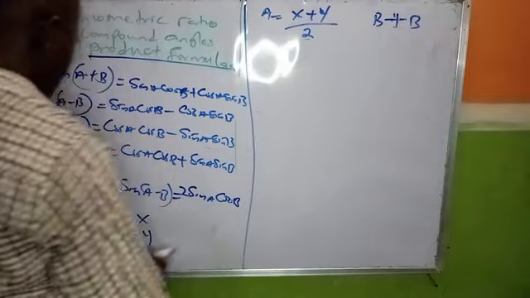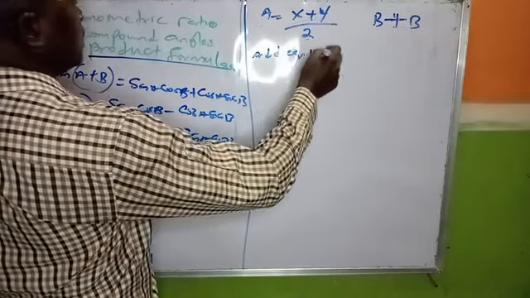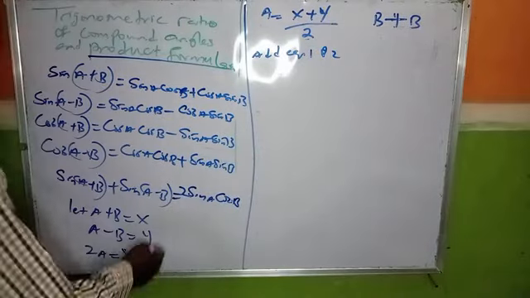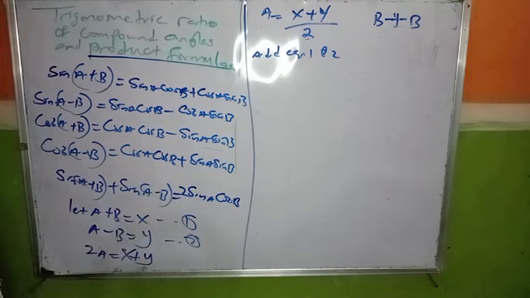Again, you add equation 1 and 2. So you have this one as equation 1, equation 2. The first is added together.